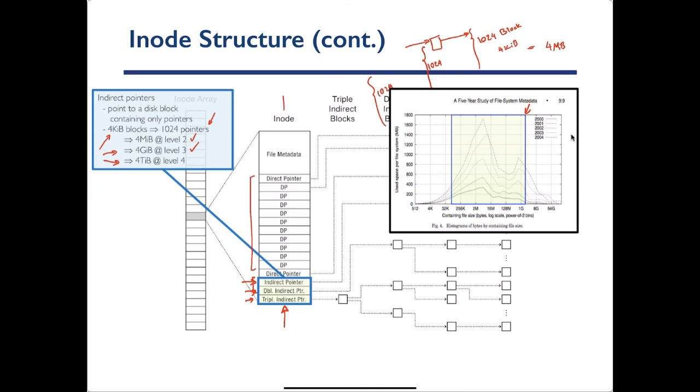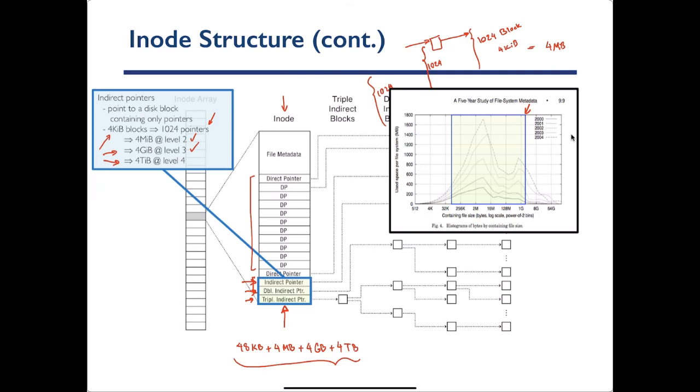Now, each inode is going to represent a single file. So what is the maximum size of a file? Well, the maximum size of a file is 48 kilobytes plus 4 megabytes plus 4 gigabytes plus 4 terabytes. So this is the maximum size of a file in the Berkeley file system.